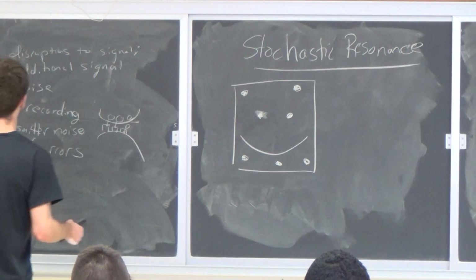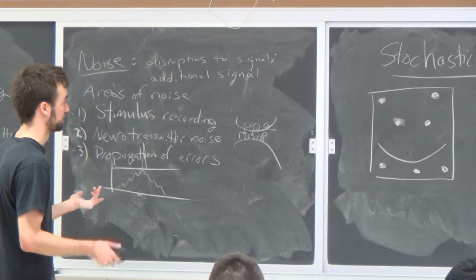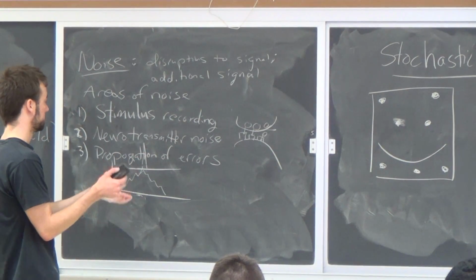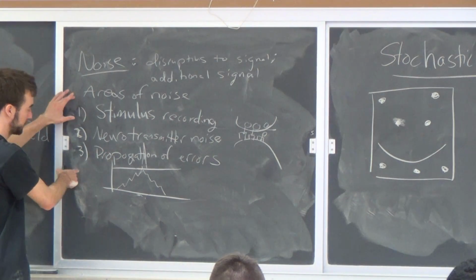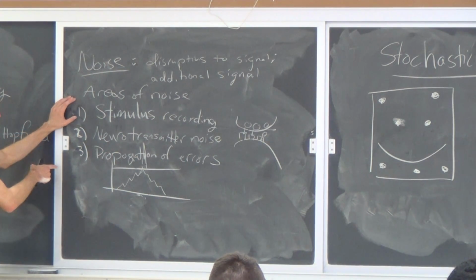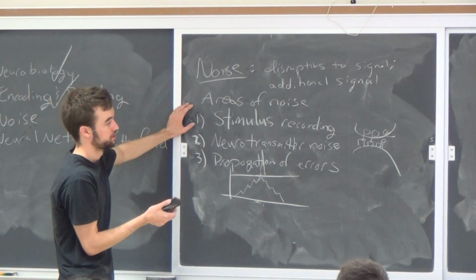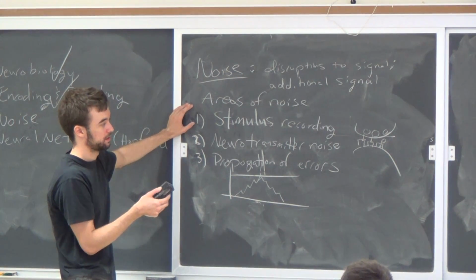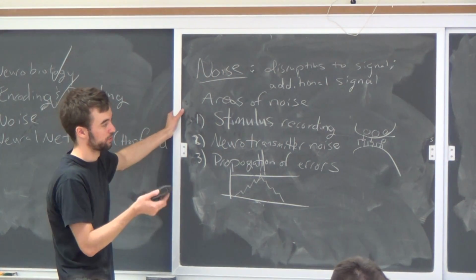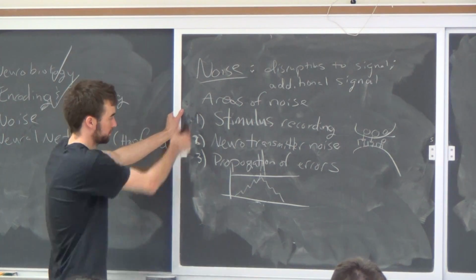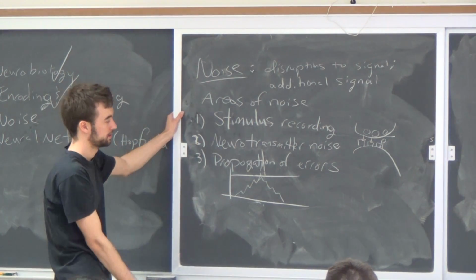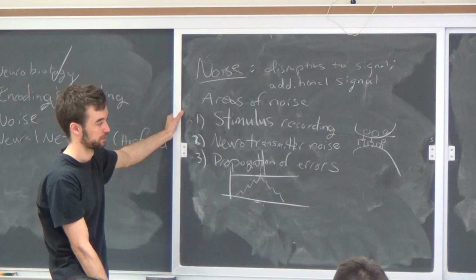This might seem a little unconnected to what we've been talking about with neural systems, but the reason I bring it up is that people sort of think the brain has a lot of noise, maybe even more than you might need if you designed it a little more carefully.